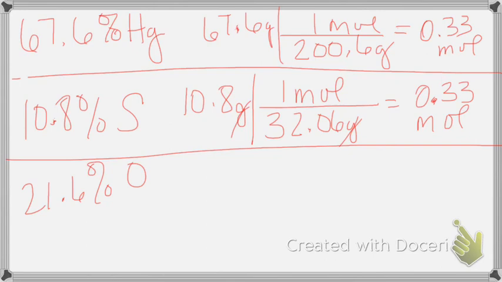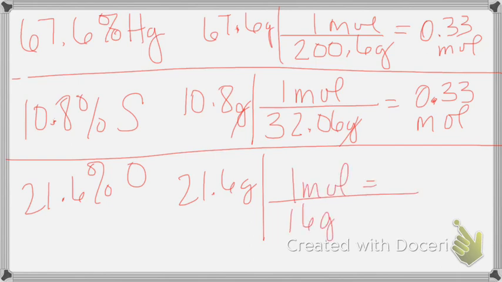Oxygen. 21.6 divided by 16 grams for every 1 mole equals approximately 1.35 moles. So I'm going to have to use a different page. You guys keep taking notes.